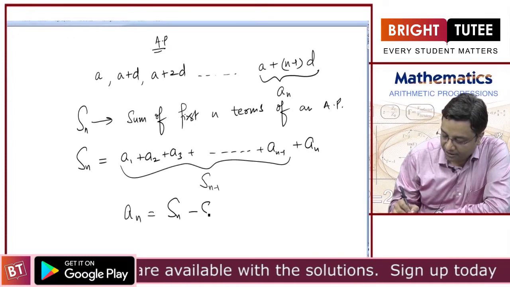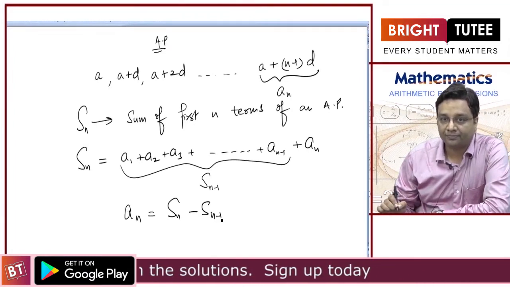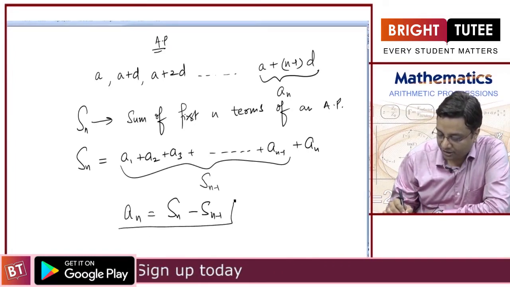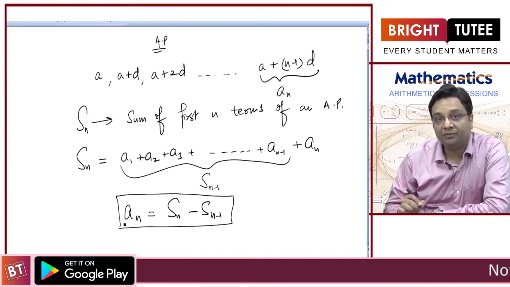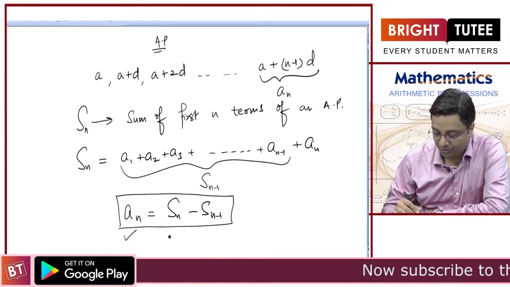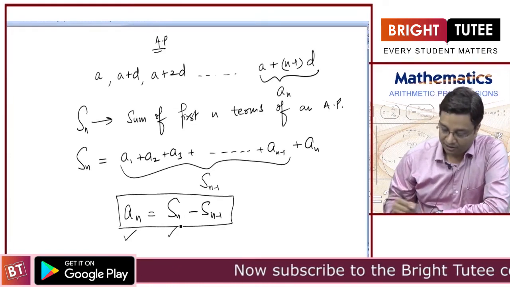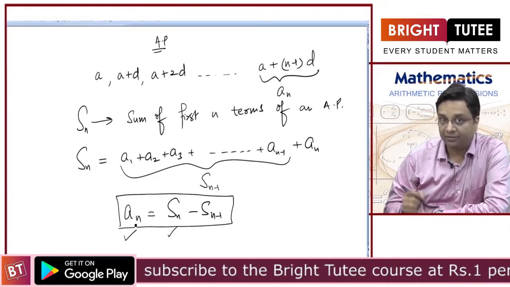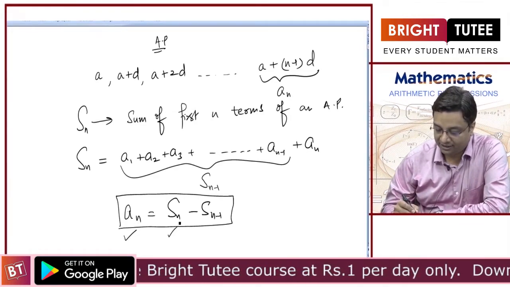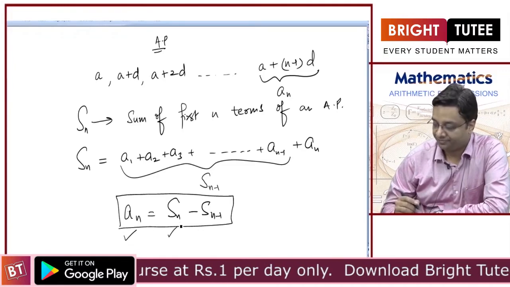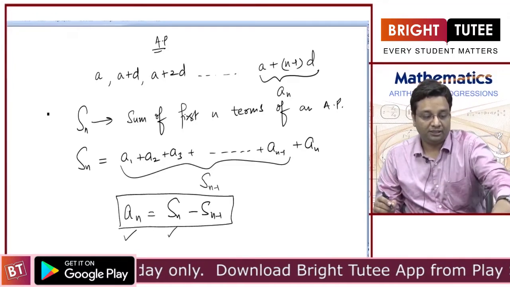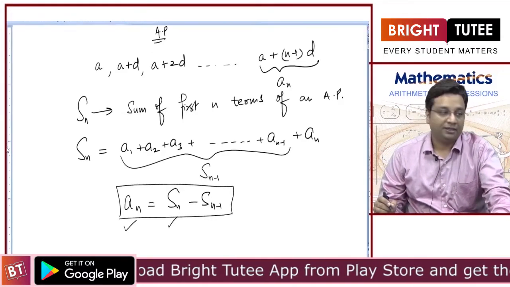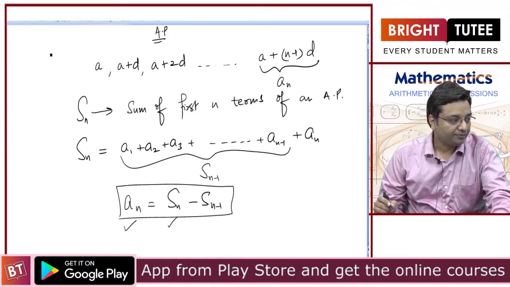Sn minus S(n minus 1), right? This is an important relationship between the nth term of an AP and the sum up to n terms. This is a very useful relationship which we will see in the upcoming questions, right?